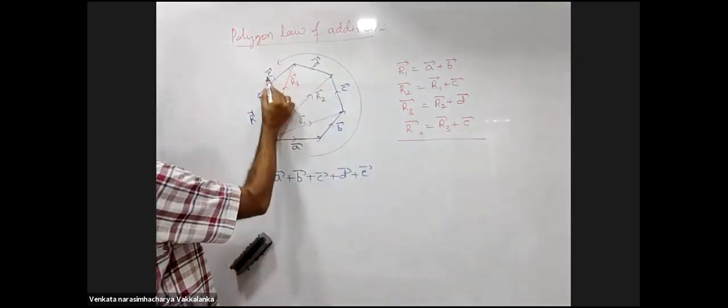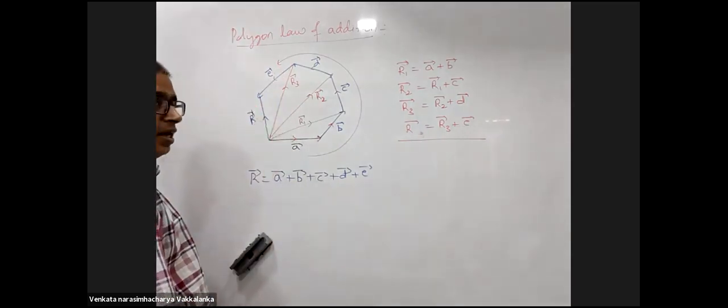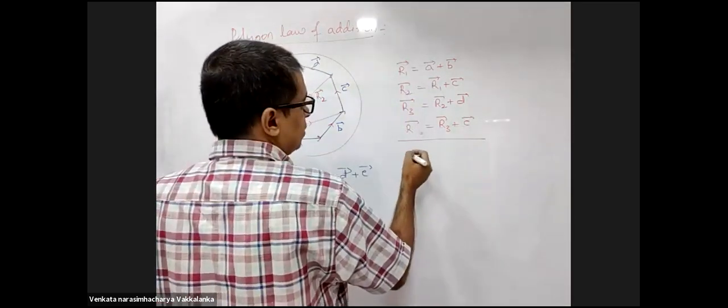R3 and E are two sides of a triangle taken in one order. The third side of the triangle taken in the reverse order is the resultant. Add all of them.